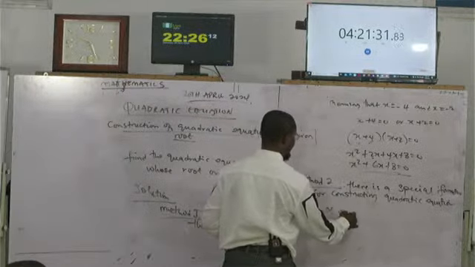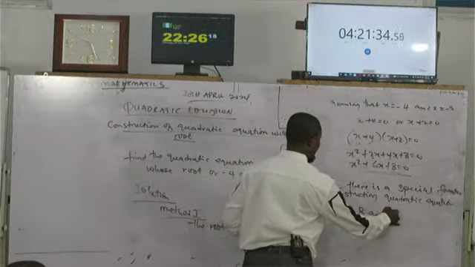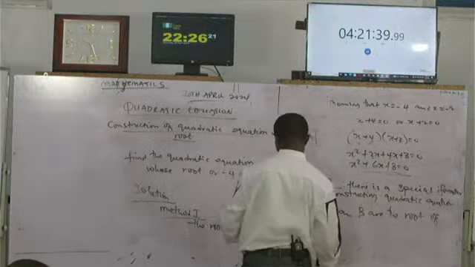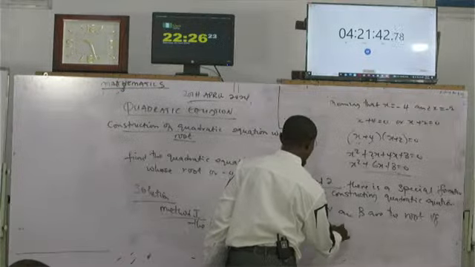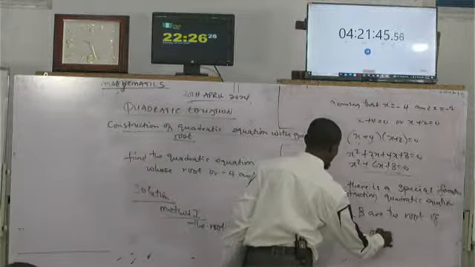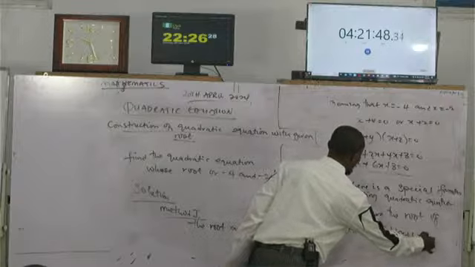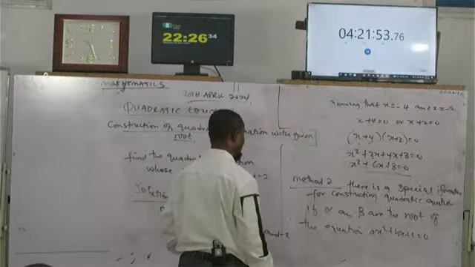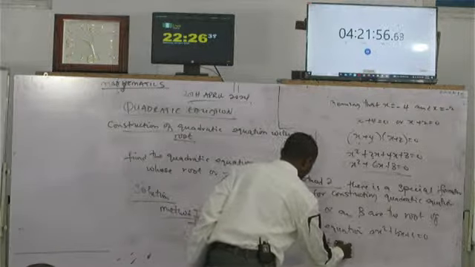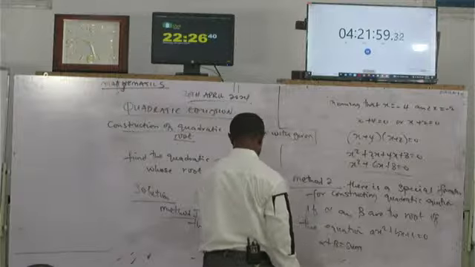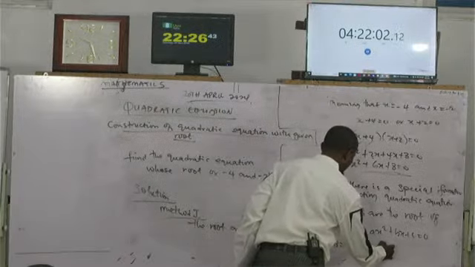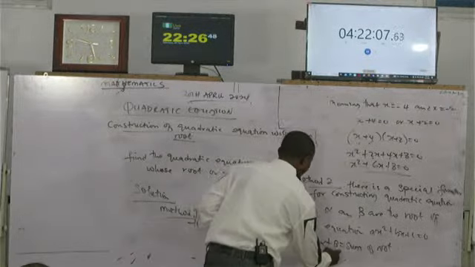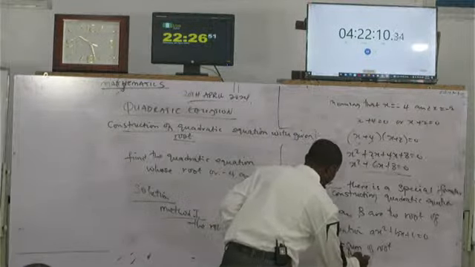If alpha and beta are the roots of the equation ax squared plus bx plus c equals 0, it therefore means that alpha plus beta equals the sum of roots, and alpha beta equals the product.